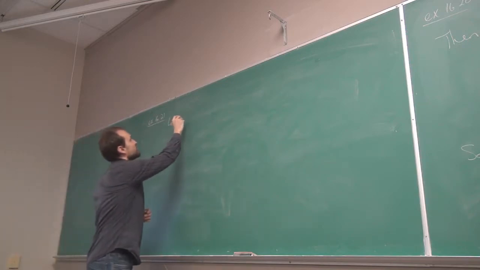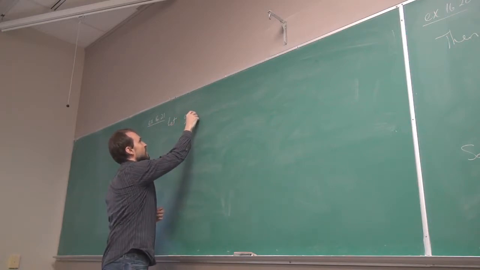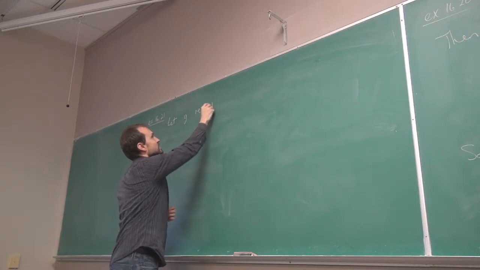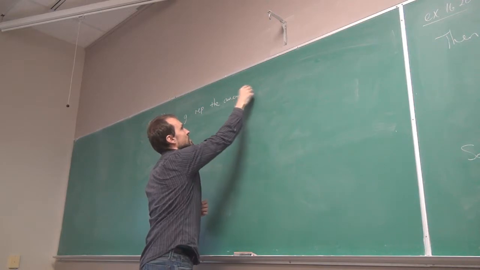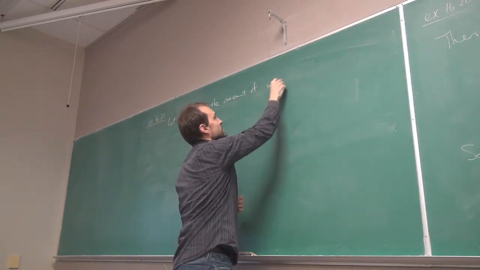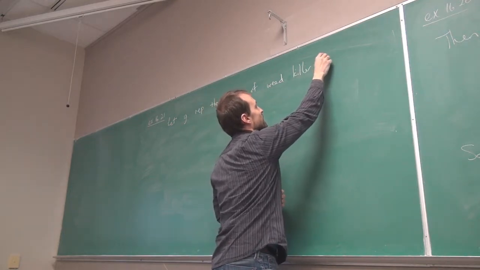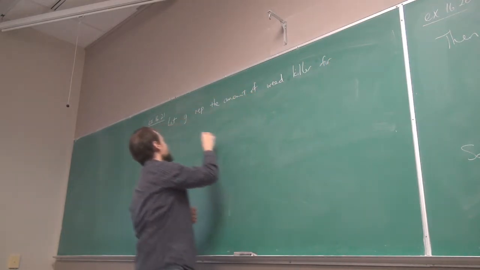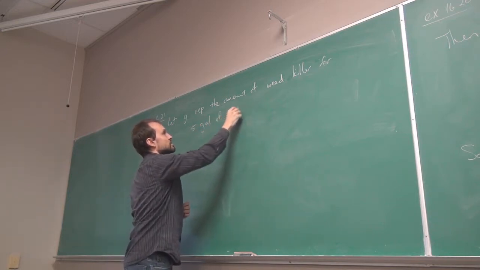What do you want to call your variable? G. That represents then the amount of weed killer for 5 gallons of water.